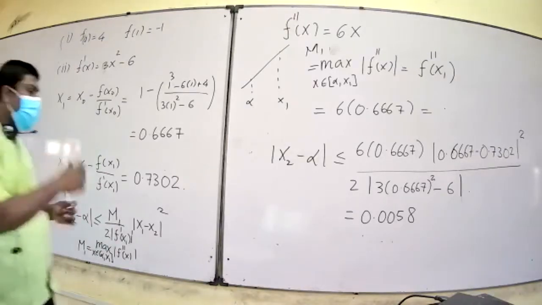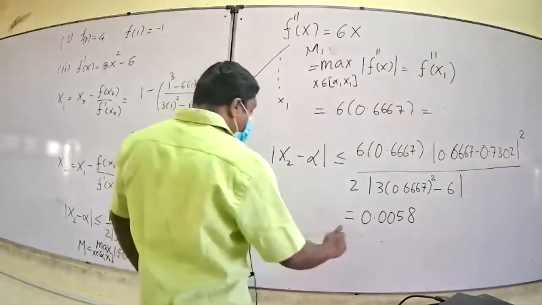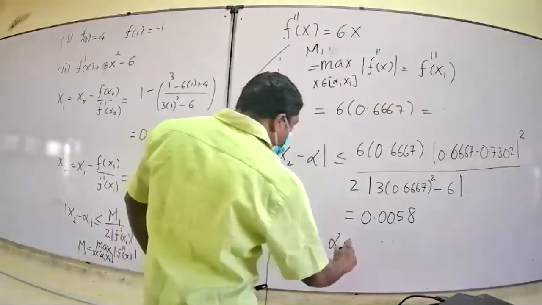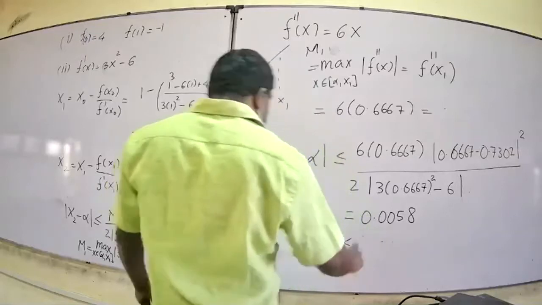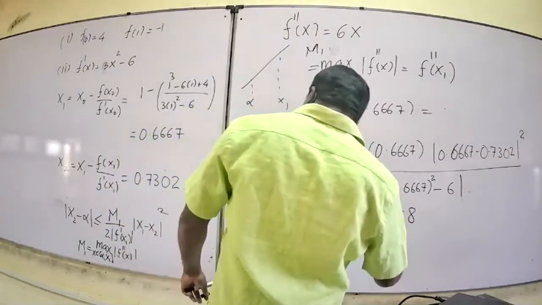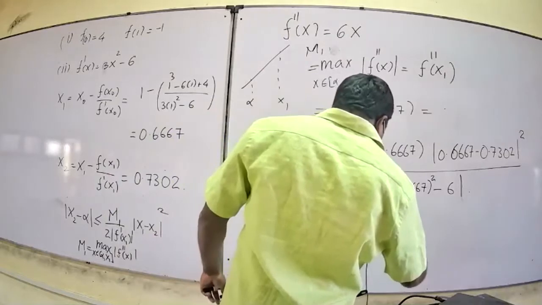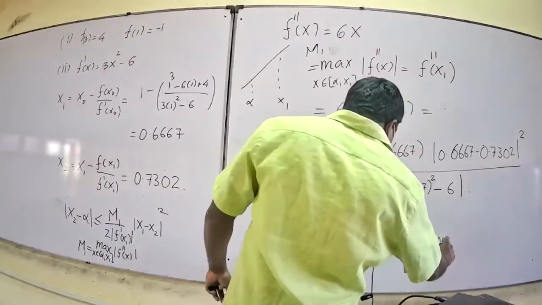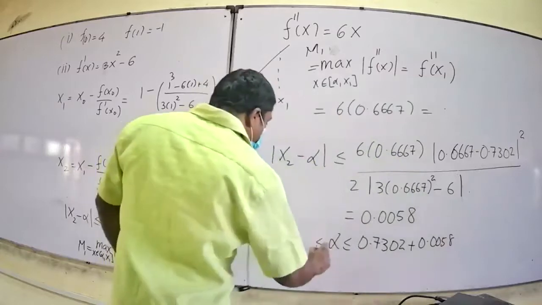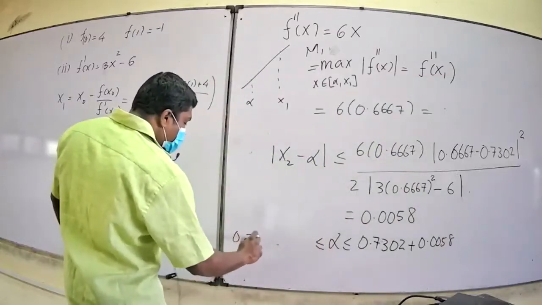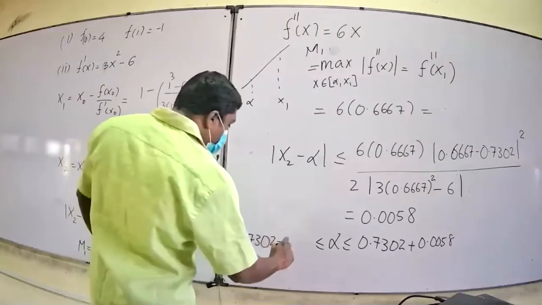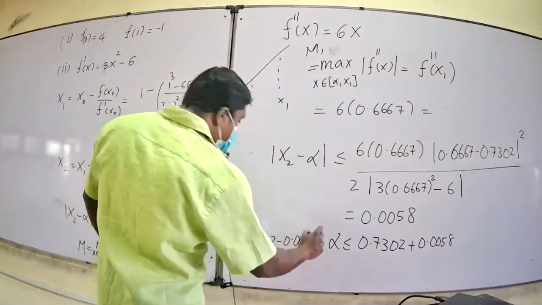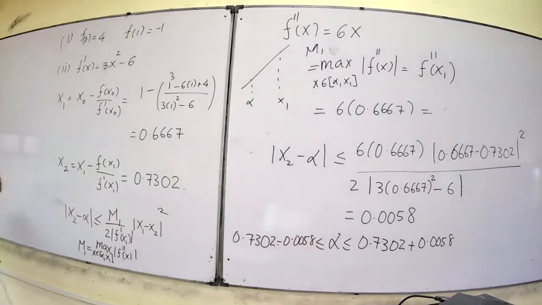So then you know, because of this, alpha is less or equal to x2, that is 0.7302 plus 0.0058 and greater or equal to 0.7302 minus 0.0058. Right? So that gives you a small interval in which the alpha is contained.